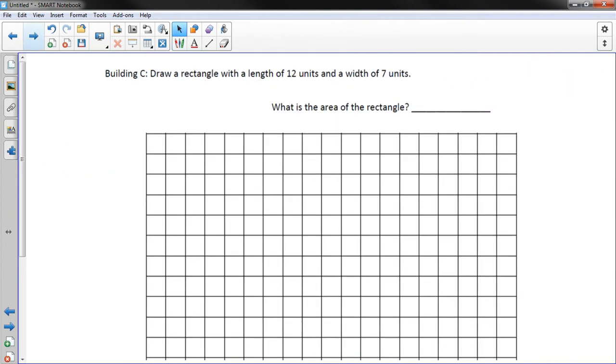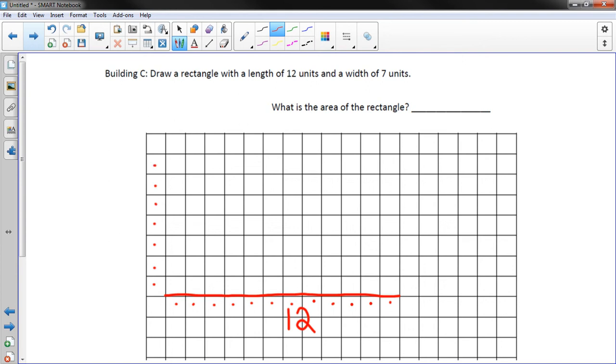Building C. Draw a rectangle with a length of 12 units and a width of 7 units. Okay, so 1, 2, 3, 4, 5, 6, 7, 8, 9, 10, 11, 12. Length of 12. And a width of 7. 1, 2, 3, 4, 5, 6, 7.